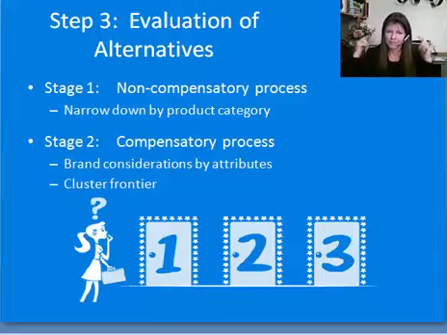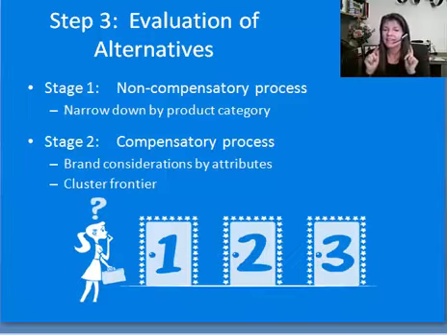And this is cool because it usually only exists in your head. Not always, but usually. Okay? But a cluster frontier is a hypothetical ideal brand that contains the very best combination of attributes that you have found so far across brands, but not one brand that carries them all, that offers all of them.